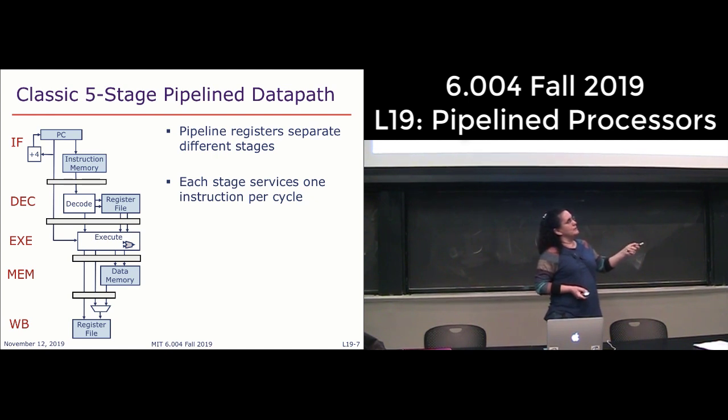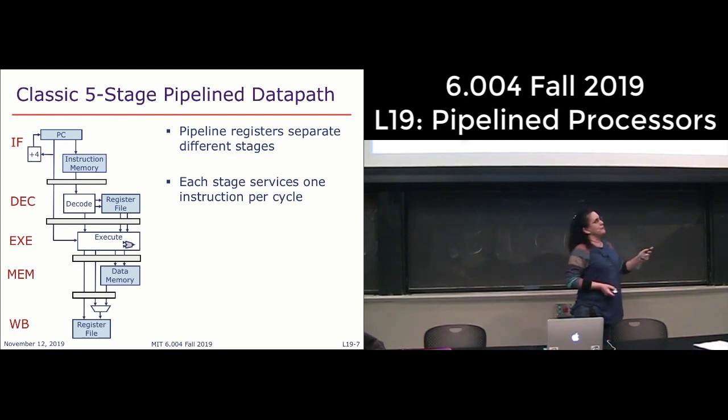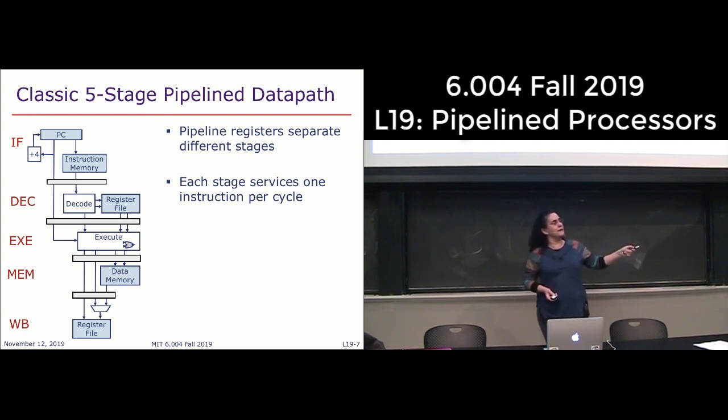If it's a load, something from the ALU is my address to the data memory. If not, I just pass my result down to the next stage. And finally, in the next stage, I write back the result to the register file, where the result comes either from the output of the execute unit or from the output of the data memory. Okay? Everybody comfortable with this?